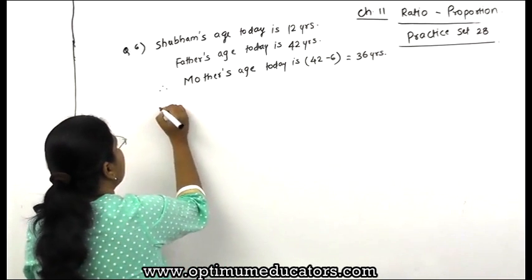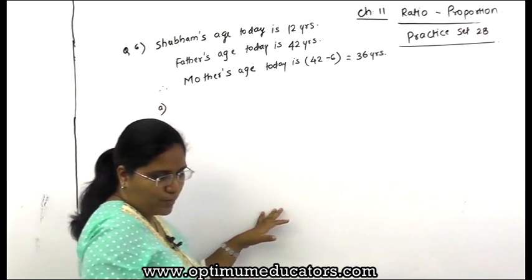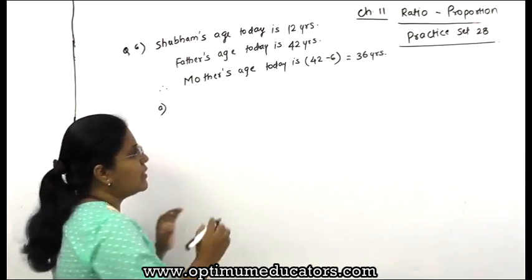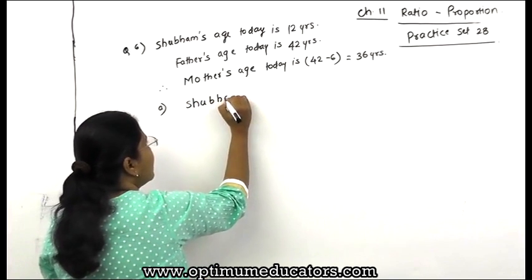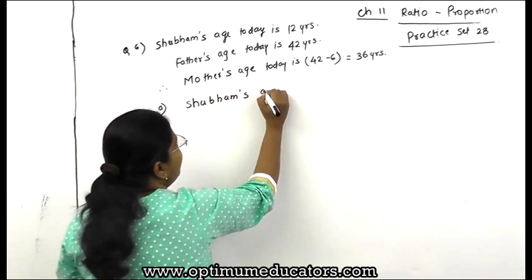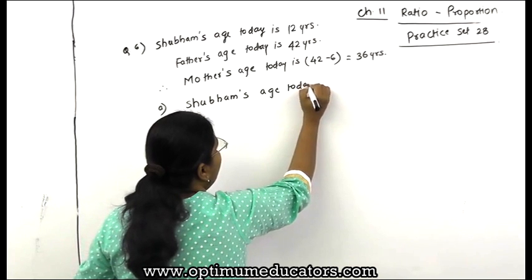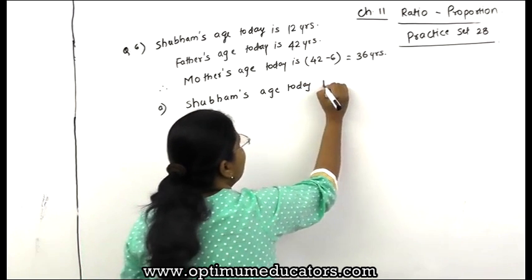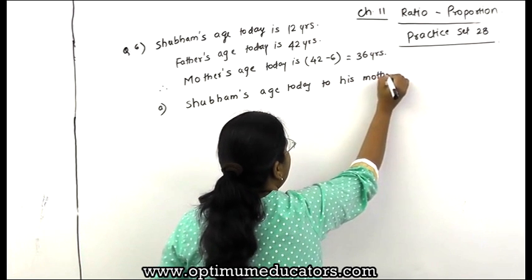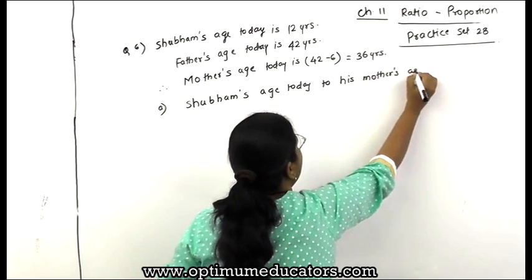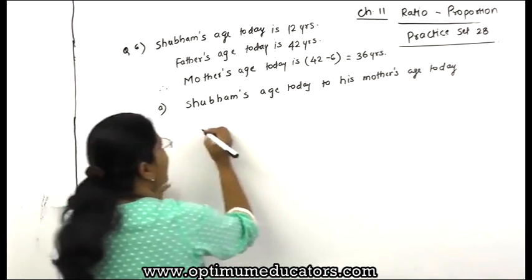Now the first thing you have been asked is, you are supposed to find out the ratio of Shubham's age today to his mother's age today. Right? So what is Shubham's age today?